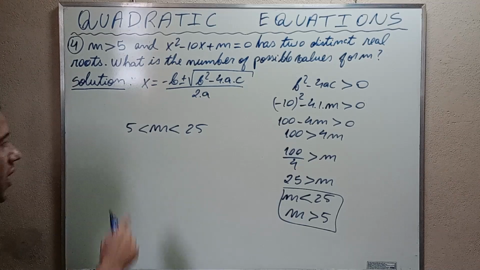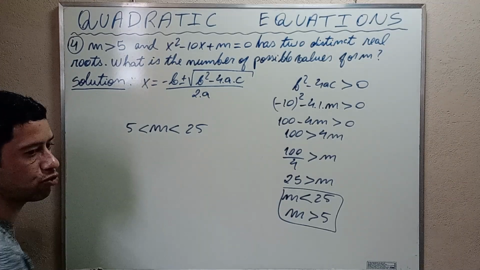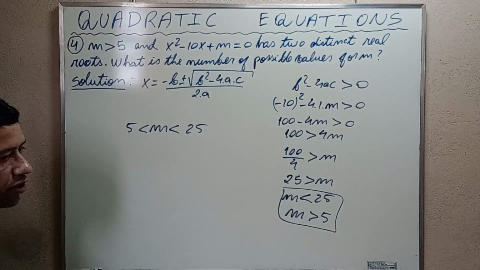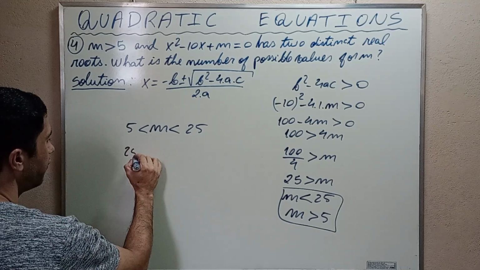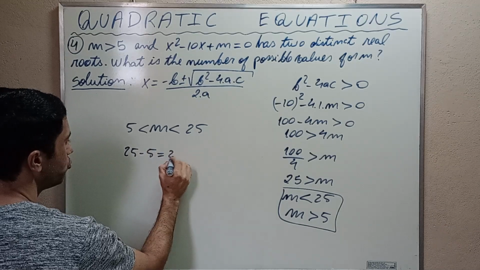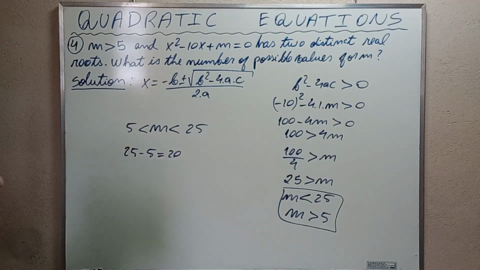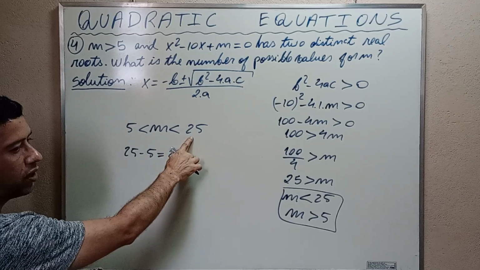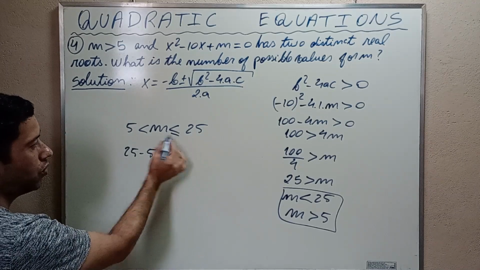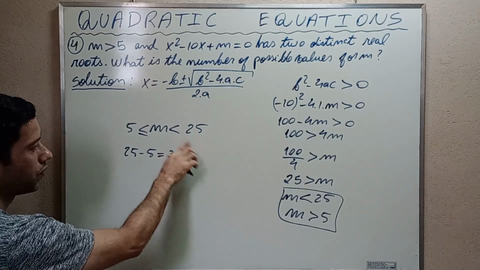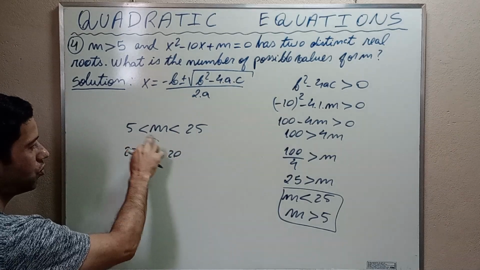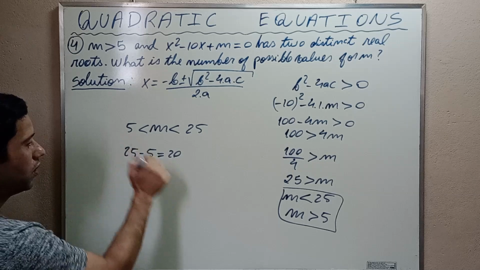How many integers are there between 5 and 25? 25 minus 5 is equal to 20. But observe that they don't belong. It is not equal here, okay? It is only less than and greater than, okay?